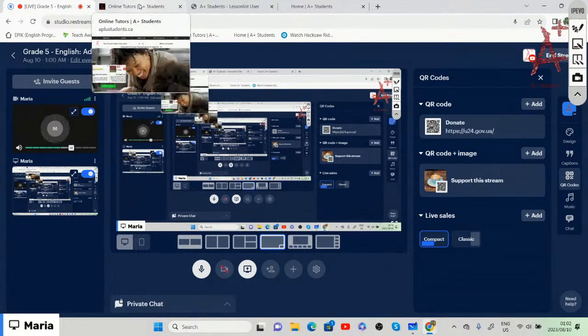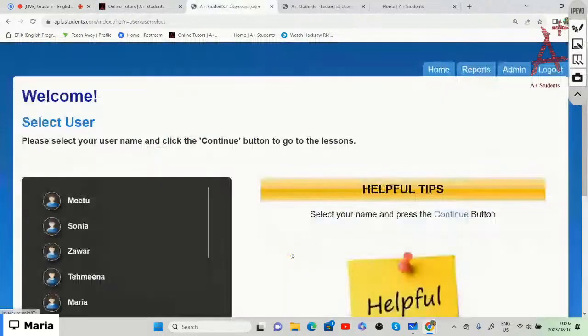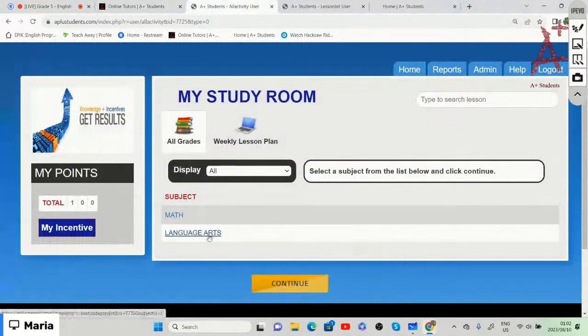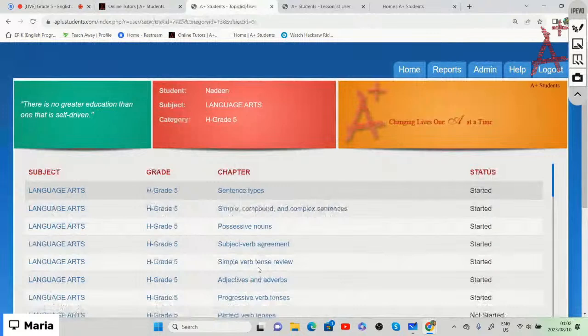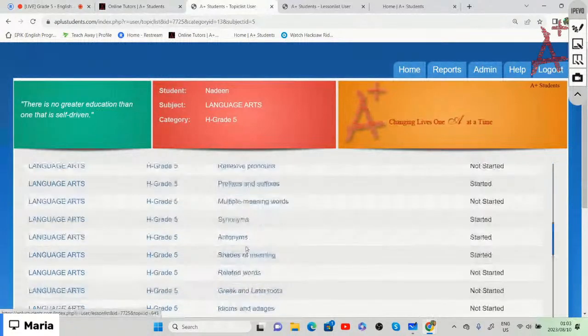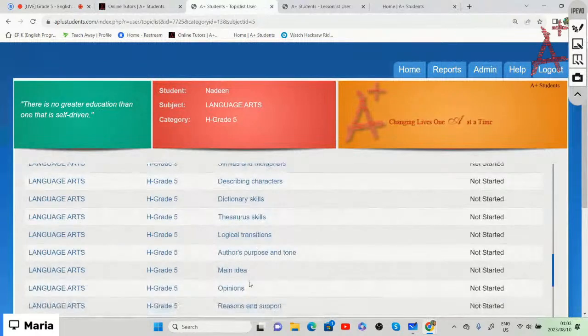And before we start with our lesson, we're going to log into aplusstudents.ca. Then we're going to select the subject of language arts, grade 5. Now, once we are in grade 5, we're going to scroll down until we get to the chapter of adverbs.